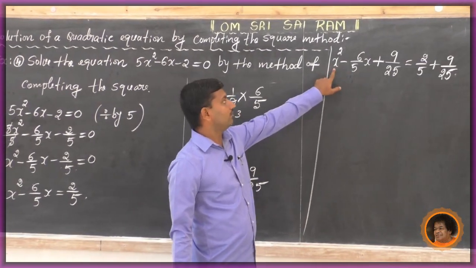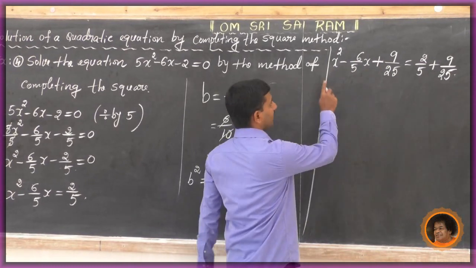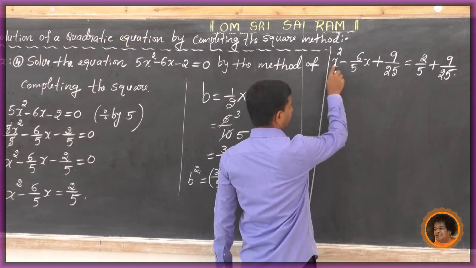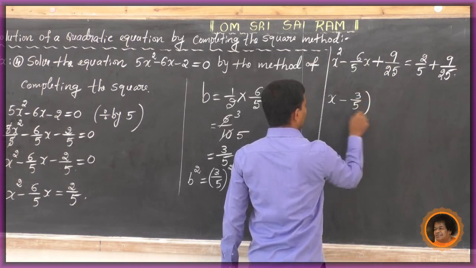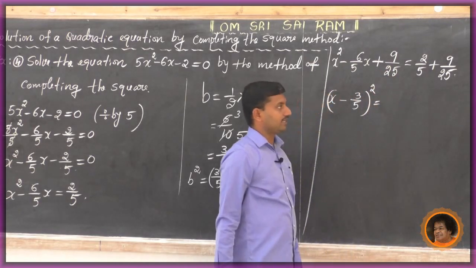This is in the form a² − 2ab + b², which we can write as (a − b)². So a is x, b is 3/5: (x − 3/5)² equals 2/5 + 9/25.